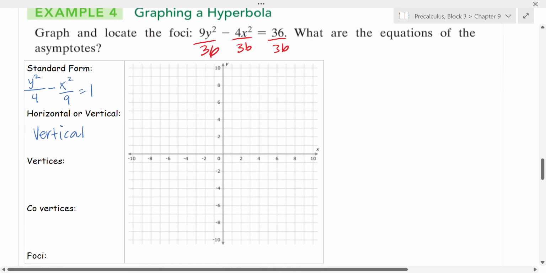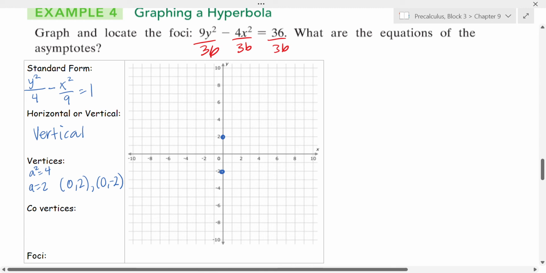The vertices are a units away from the center, so in this case, a squared equals 4, so a equals 2. And so our vertices are (0, 2) and (0, -2). Remember, since it's vertical, our vertices will be along the vertical axis, or the y-axis.